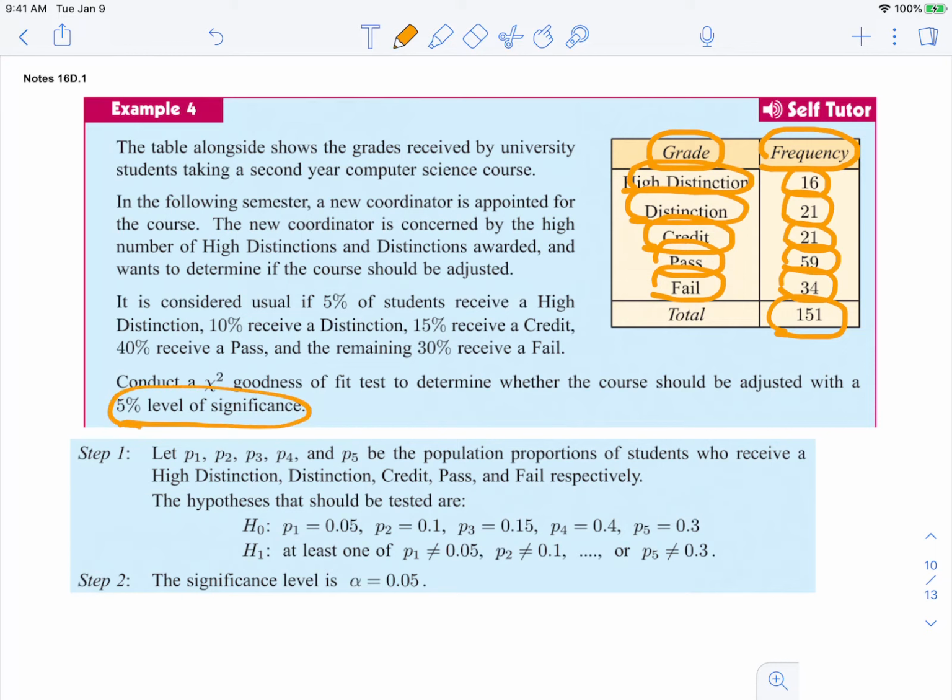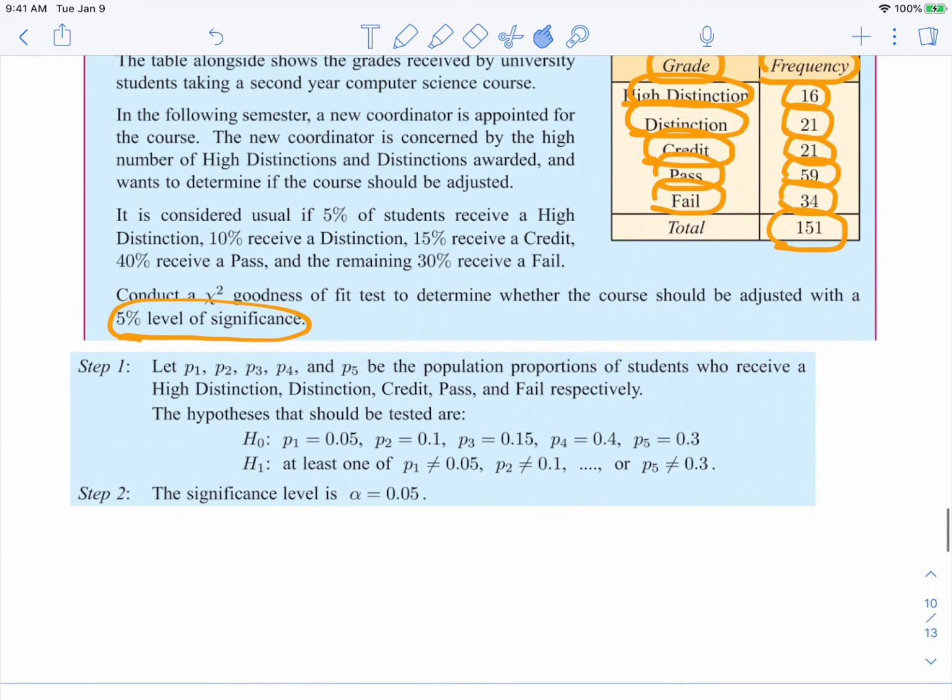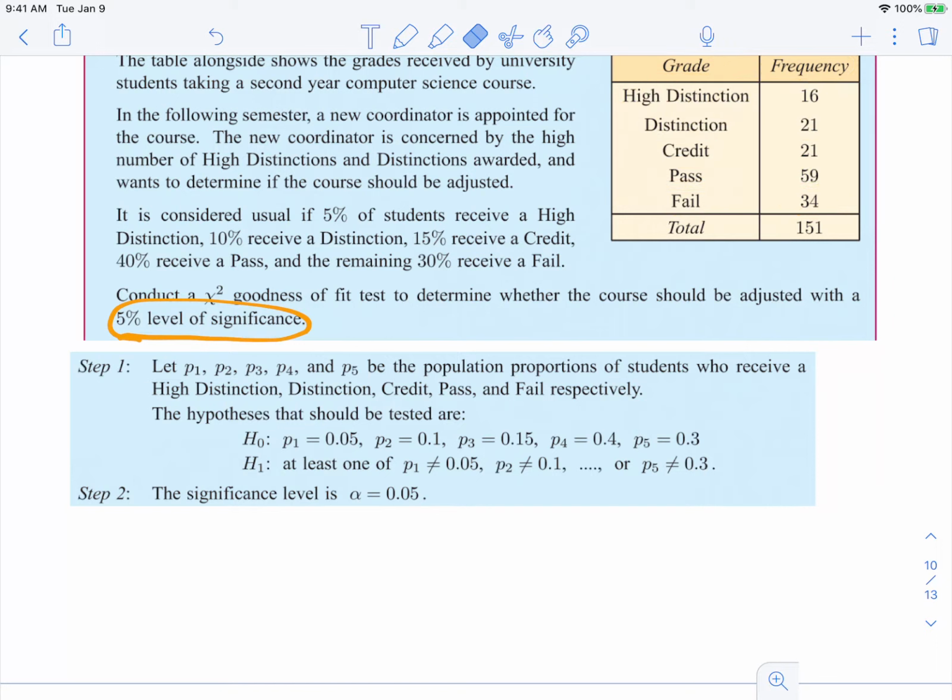So what I'm going to do is just erase this here. Identify our probabilities. So the first probability is 5% who received high distinction. The next category was 10%. Then we had 15%.